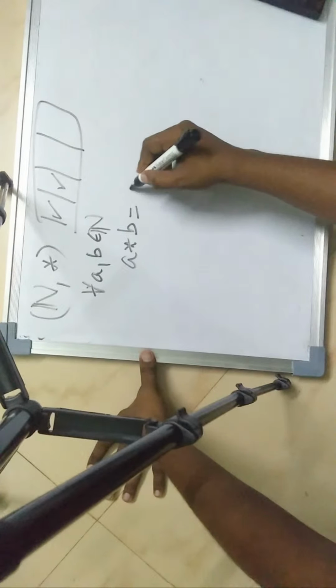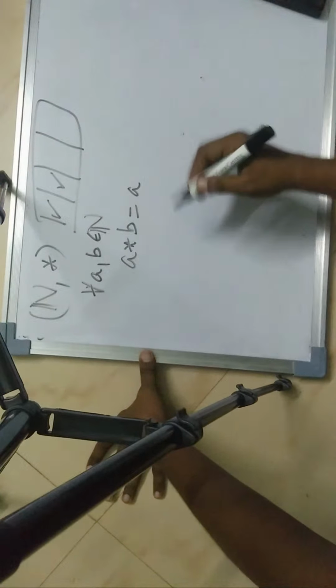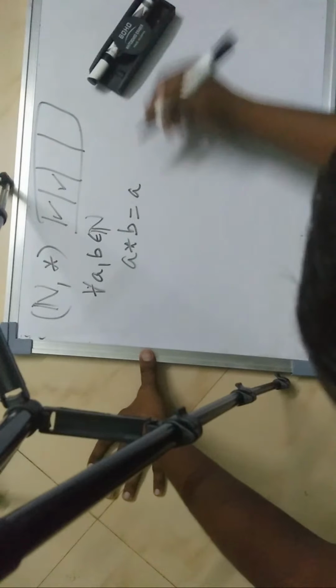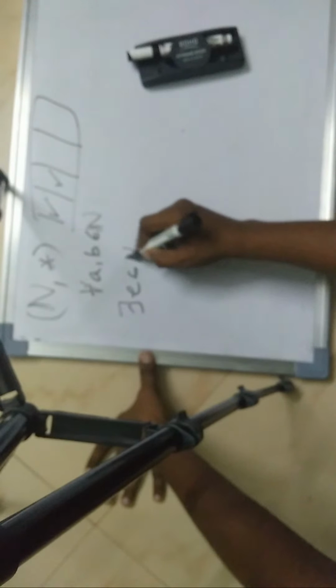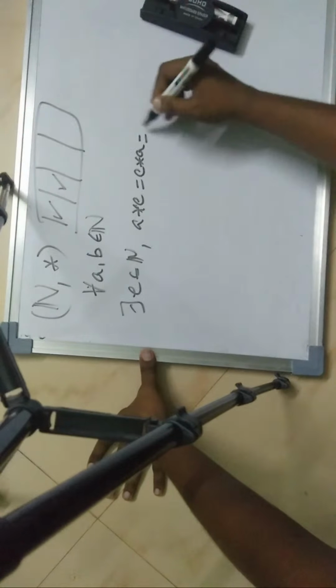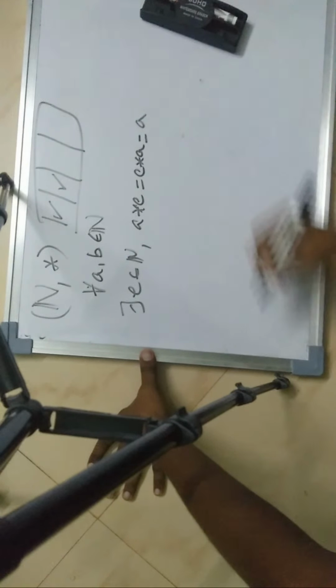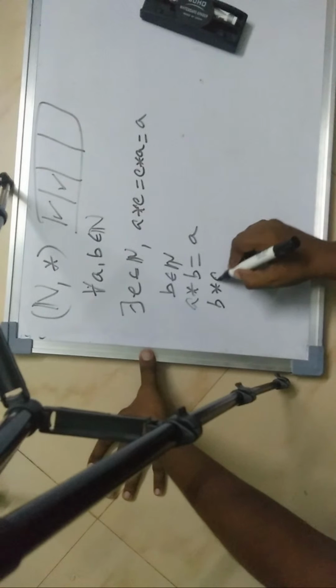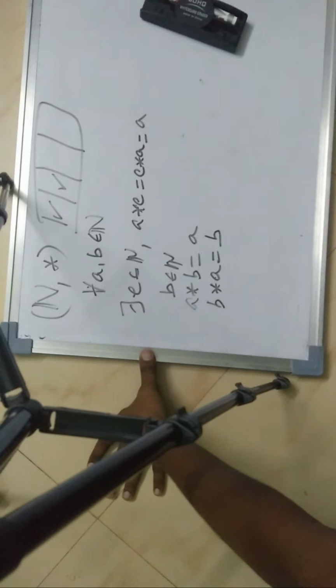So when we defined identity, we defined it this way. A star, identity. We defined it: there exists E in N such that A star E equal to E star A is equal to A. Now, if suppose A will be B, these two are not equal.